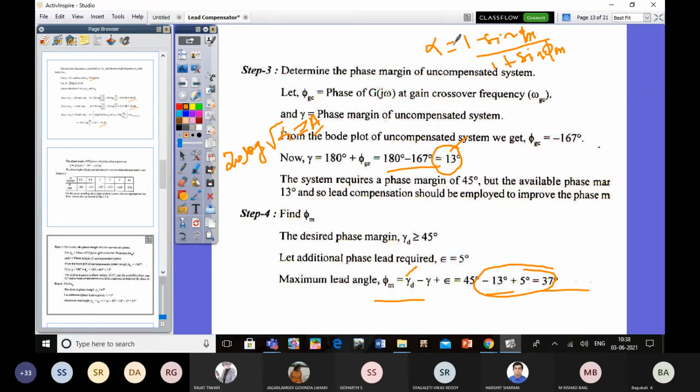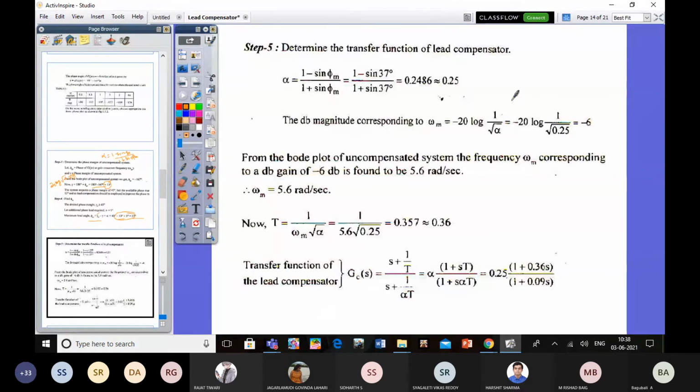We know the value of alpha. So this alpha value is 0.25, and you can substitute it into the magnitude value. So minus 20 log of 1 by this thing is equal to minus 6 dB.